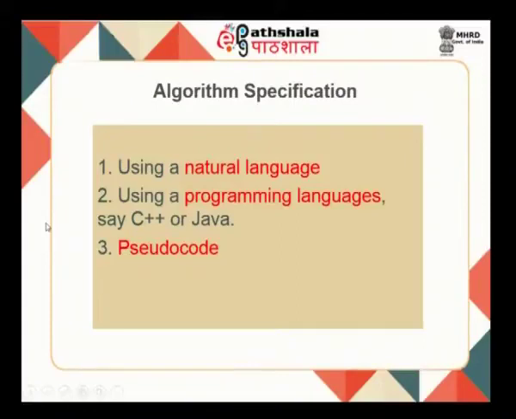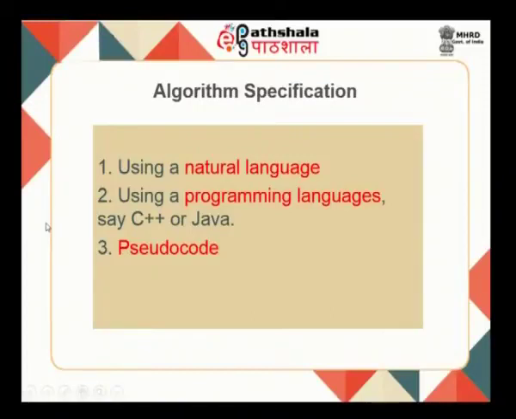This way of representing the algorithm is called algorithm specification. There are three ways in which an algorithm can be specified. Number one is we can use natural language. By natural language we mean languages like English or any other natural language to explain how the task has to be carried out.